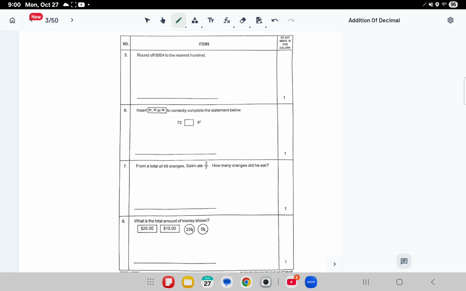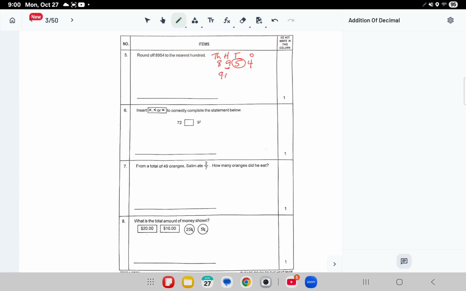Number 5, round off 8,954 to the nearest 100. So we have 8,954, ones, tens, hundred, thousands. Rounding off to the nearest 100, we look at the hundreds digit and the tens digit. If the tens digit is more than 5 or equal to 5, we add 1 to the hundreds digit.